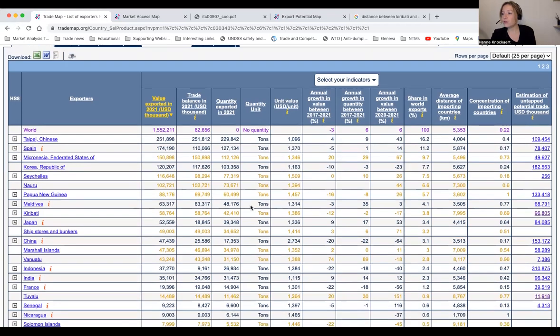If we go down to Kiribati, we can see that there is a trend, and it's still a similar trend in the last 2 years, that the exports of this product are going down. If we go to Tuvalu, we can see that even in the last 2 years, its exports of this fish to the world have gone up by 151%.